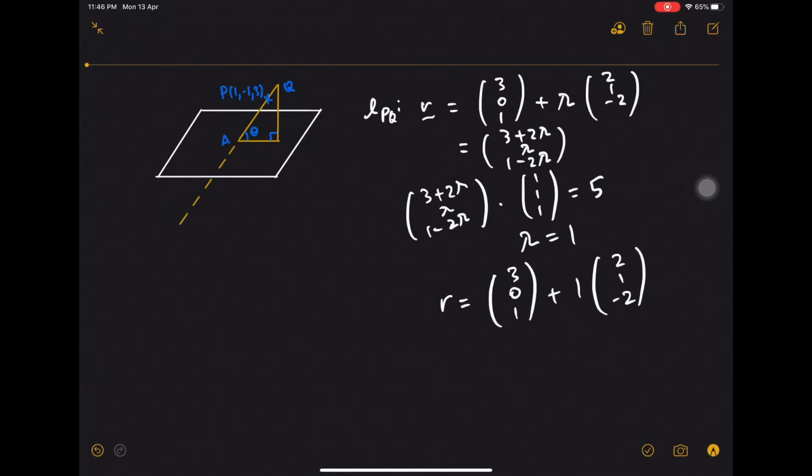Once you solve this, you combine it together and you'll get the coordinate to be 5, 1, minus 1. So if you have the unknown, you just substitute back into the equation of the line, and that will get you the coordinates of the point of intersection, and that will be your A.